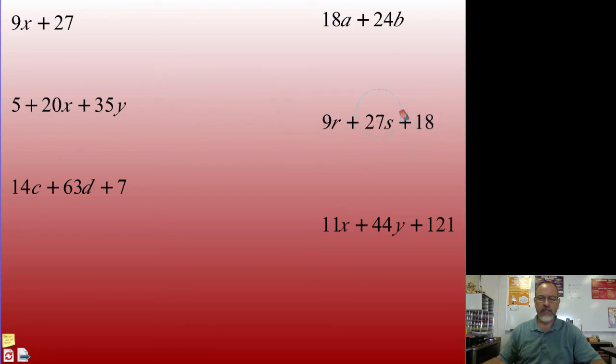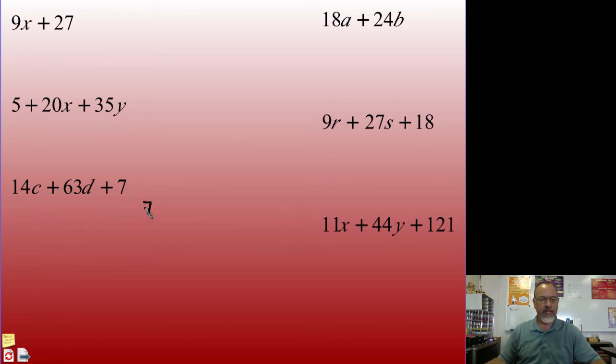All right, let's take a look at a couple more. Here, again, I'm going to go with the smallest number here and see if that divides evenly into the other ones. If it does, that's my greatest common factor. 7 does go into 63 9 times, and 7 does go into 14, so 7 is going to be my greatest common factor. So 7 is going to be on the outside, and then, well, I wrote that too close, can't do that.